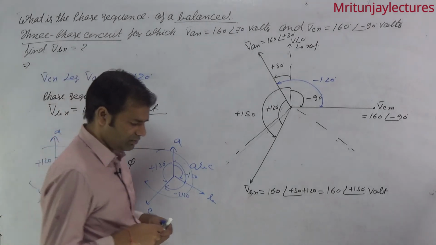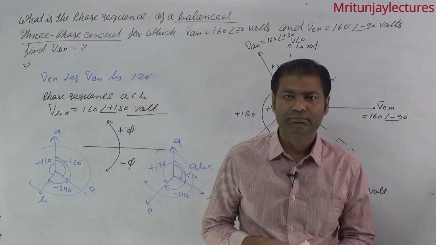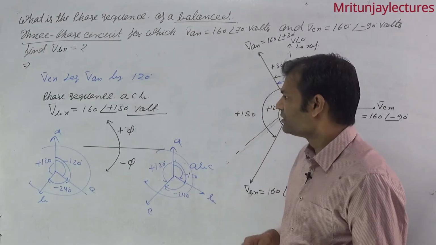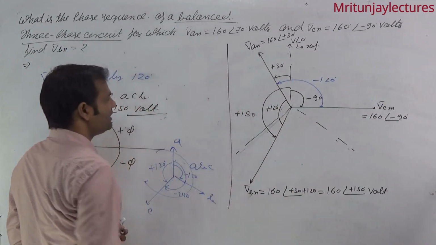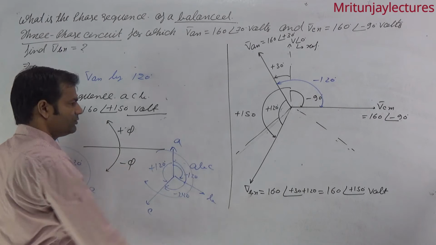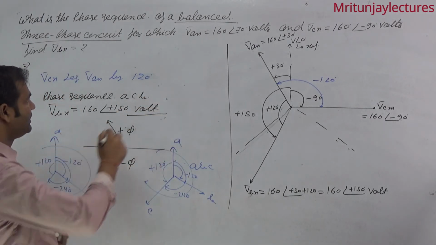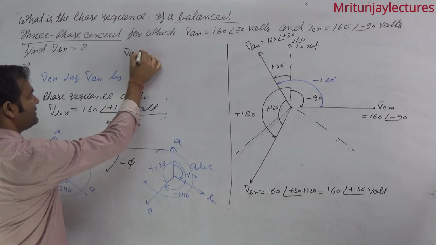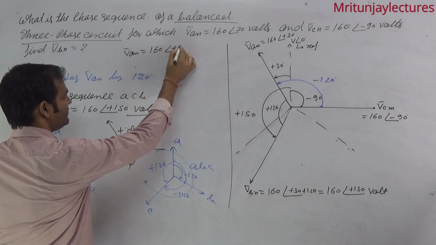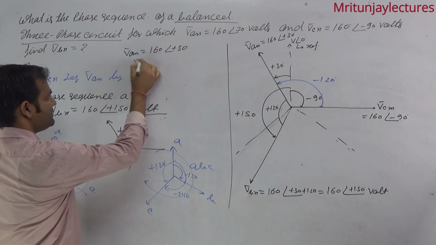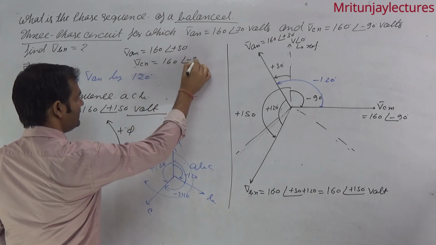If you want to solve it without a phasor diagram, how can you solve it? I know that VAN is written as 160 at the angle plus 30, and VCN is written as 160 at the angle minus 90 degrees.